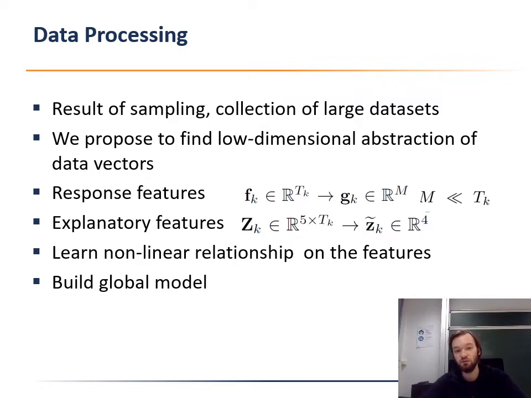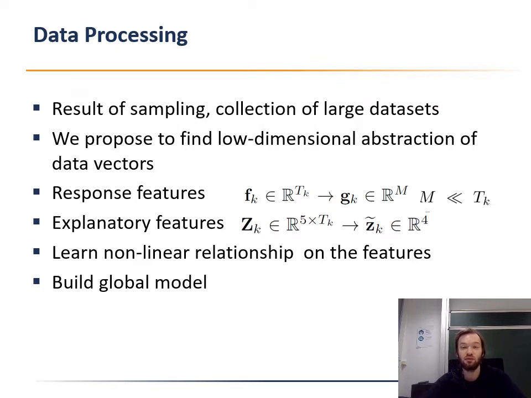So we have response features, for example for force. You can see we converted from a high-dimensional real-time vector to a much lower-dimensional feature. And then explanatory features, for example for displacement and velocity. You can think of it as a predictive variable. So this is input and this is output.